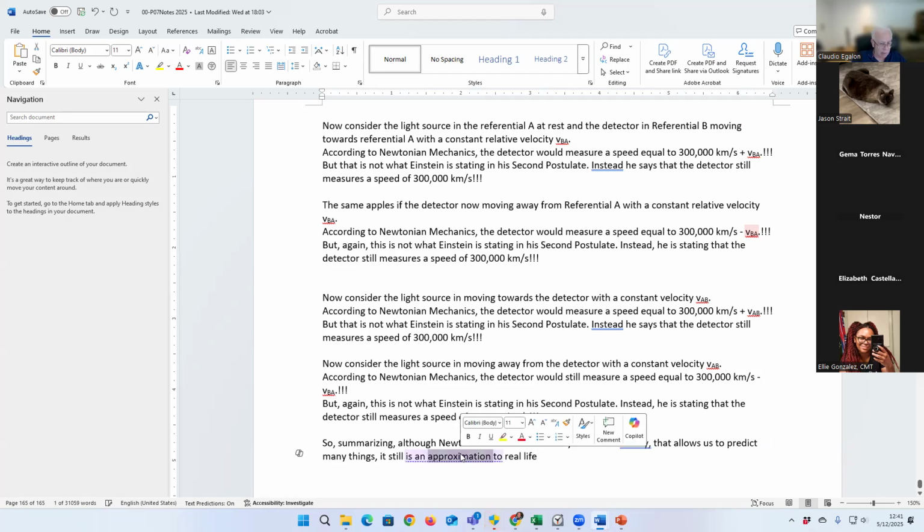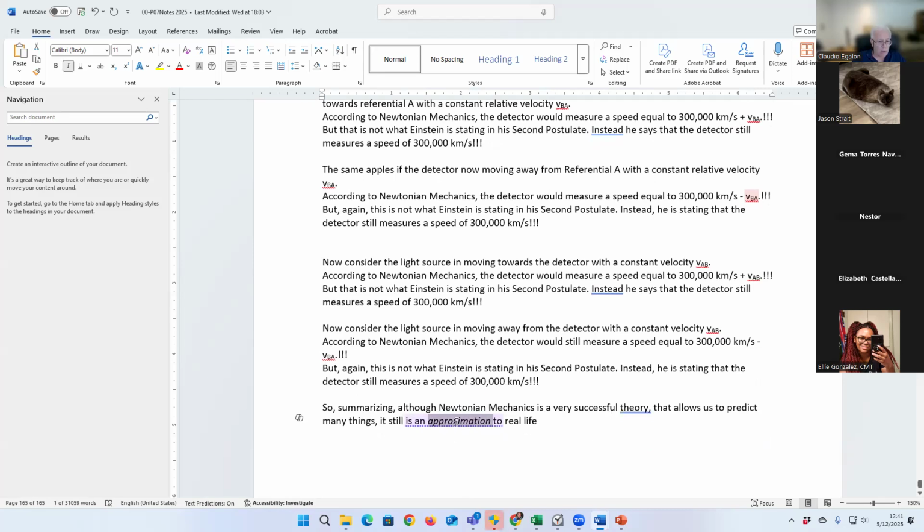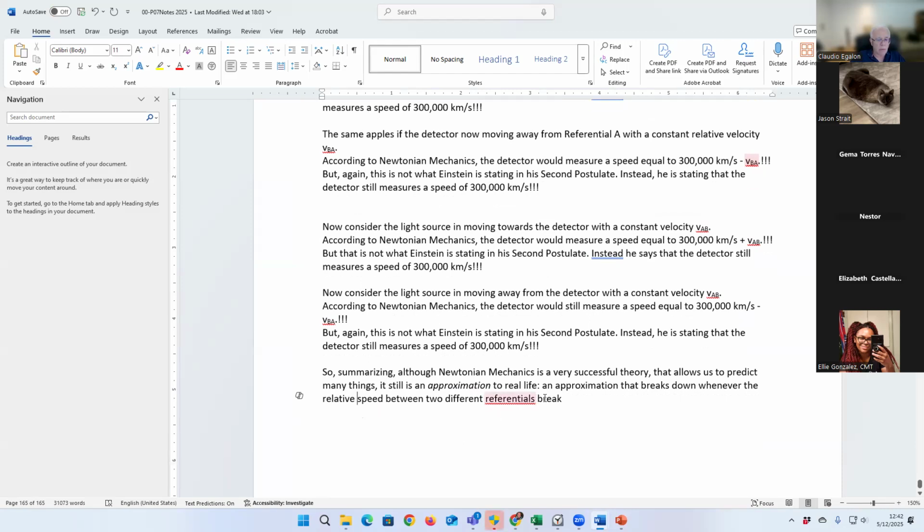It's an approximation that breaks down whenever the relative speed between two different referentials becomes large enough.